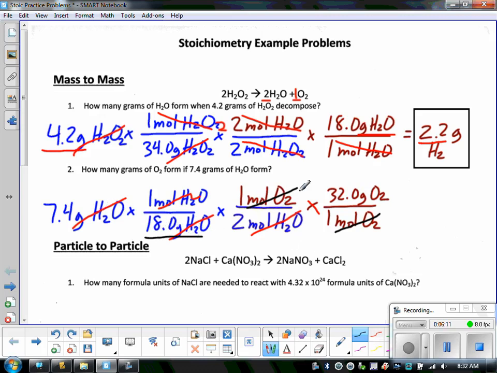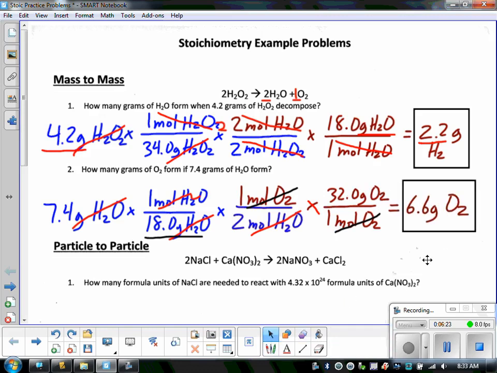Now that I'm in the units of moles, I need moles on the bottom and grams on the top because moles are canceling out, leaving me with grams. So our final answer: 6.6 grams of O2 are produced if 7.4 grams of H2O are produced. Again, 2 significant figures because this number had 2 significant figures.